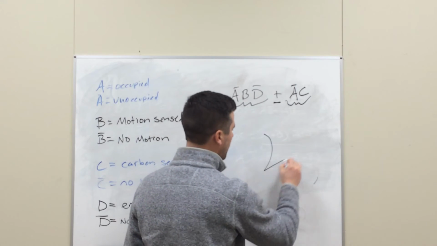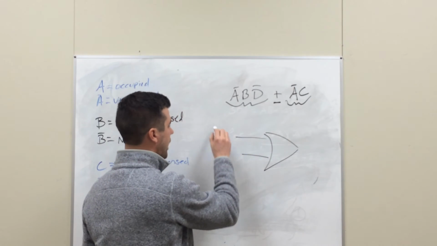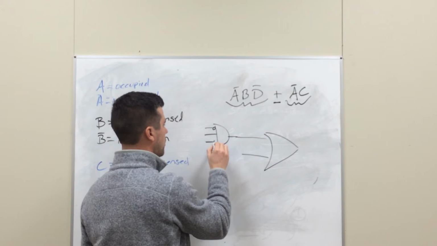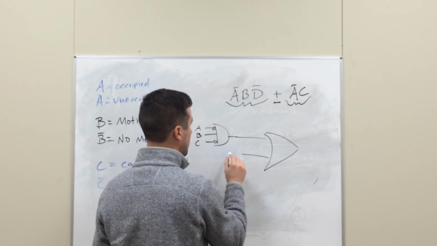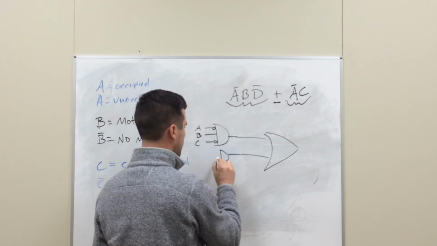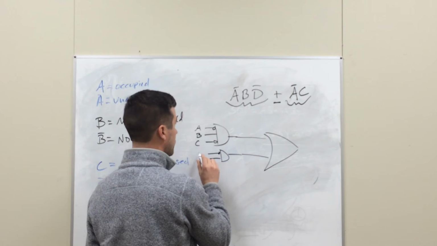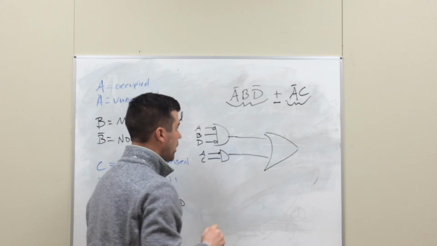So we know that this circuit in the unreduced state looks like this. All right.